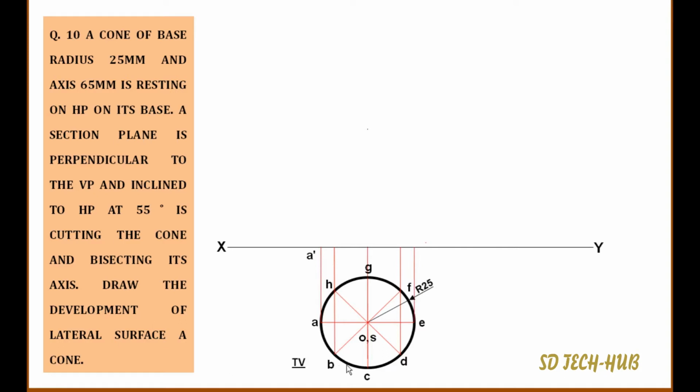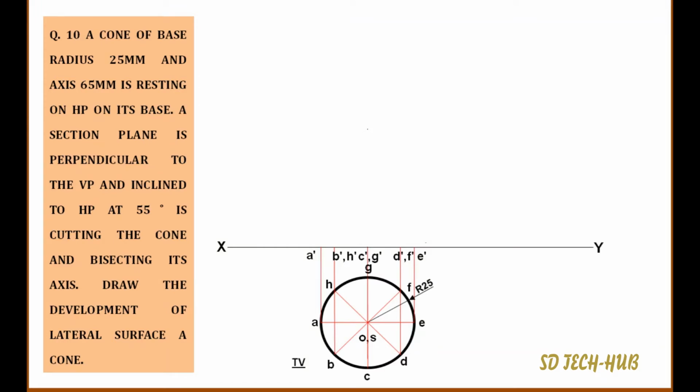So this will be A dash, this B will overlap on H and appear as a single point here. So this will be B dash H dash. This C will overlap on G, so this is C dash G dash. Then D will overlap on F and this will be D dash F dash. And lastly the point E, which is E dash in the front view.